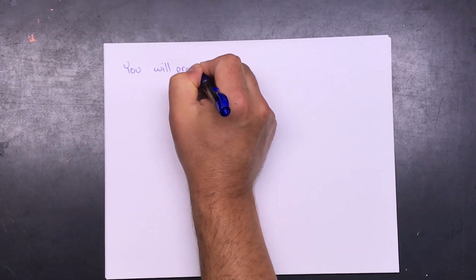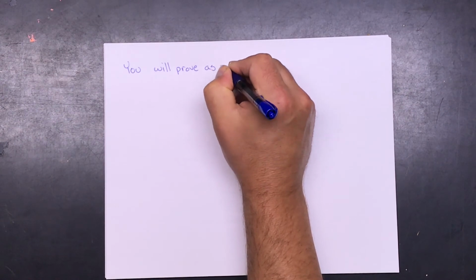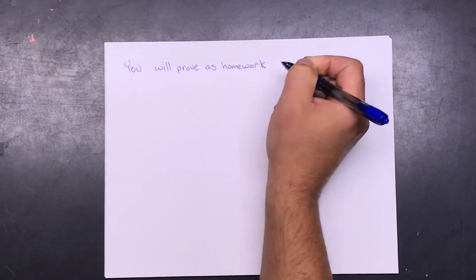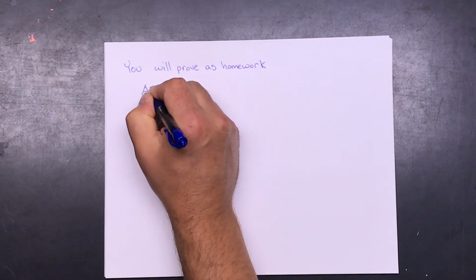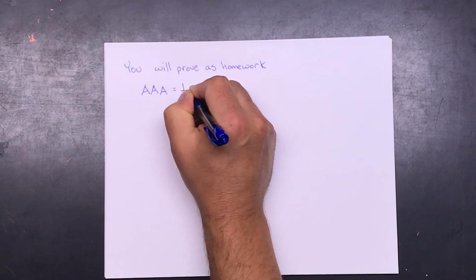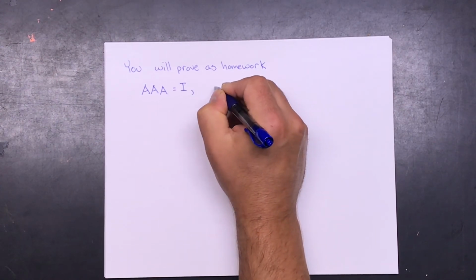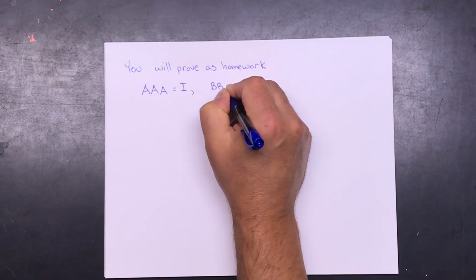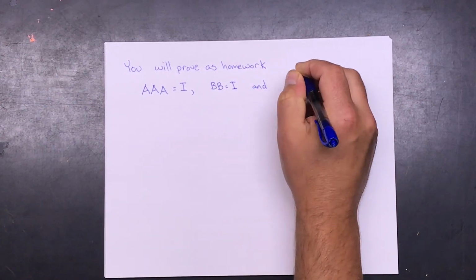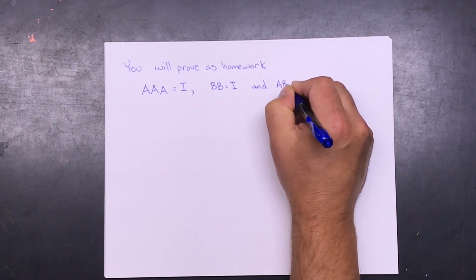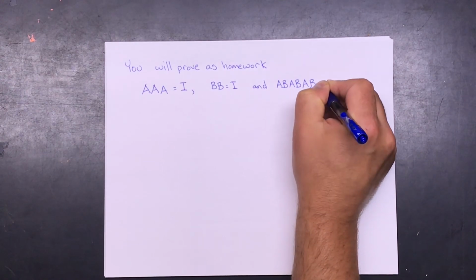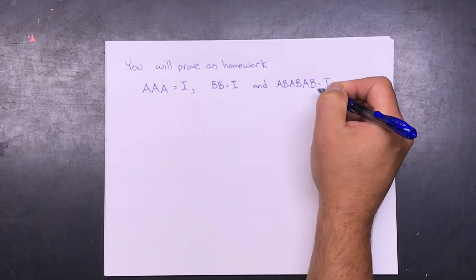So we saw before that if you repeat these rotations, you end up back at the identity matrix. If you do A three times, it's the same as the identity. If you do B twice, it's the same thing as the identity. And if you do AB, AB, AB, it's the same thing as the identity.